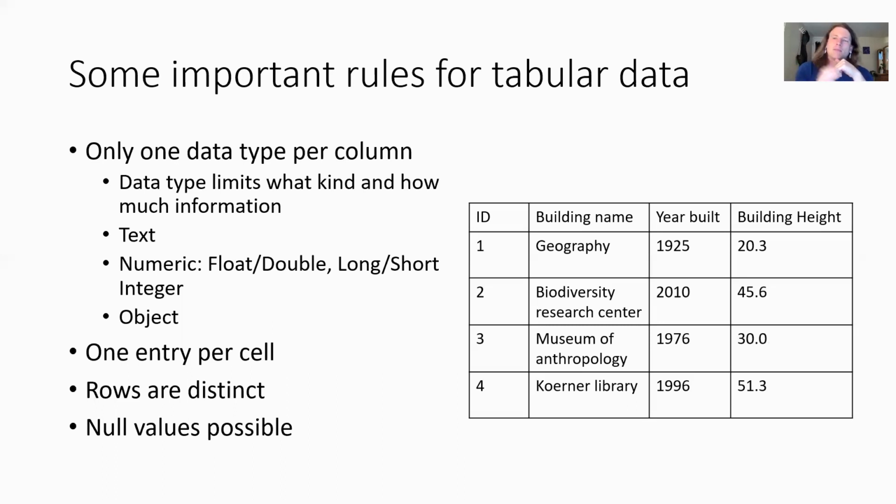You can't mix and match data types within a column. You want to keep it consistent. A column of text needs to be all text. If you put numbers into a text column, it's just going to assume those numbers are part of the text, and it's not going to be able to do mathematical calculations. Whereas if you're working with numeric data, it needs to all be in numeric format in order to do anything with it. Otherwise, it will throw an error.